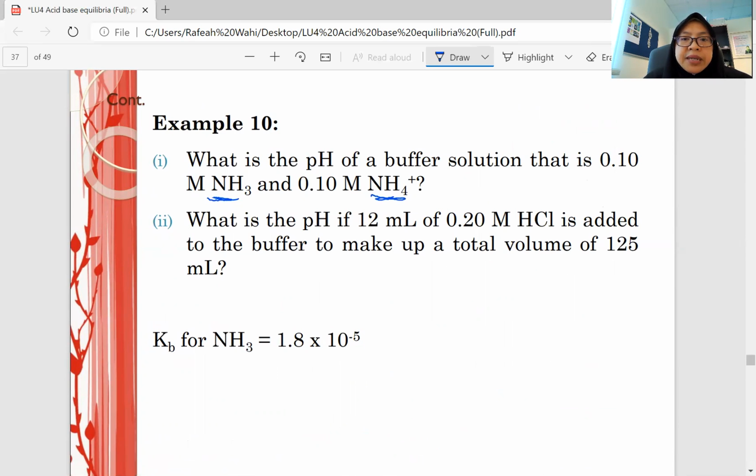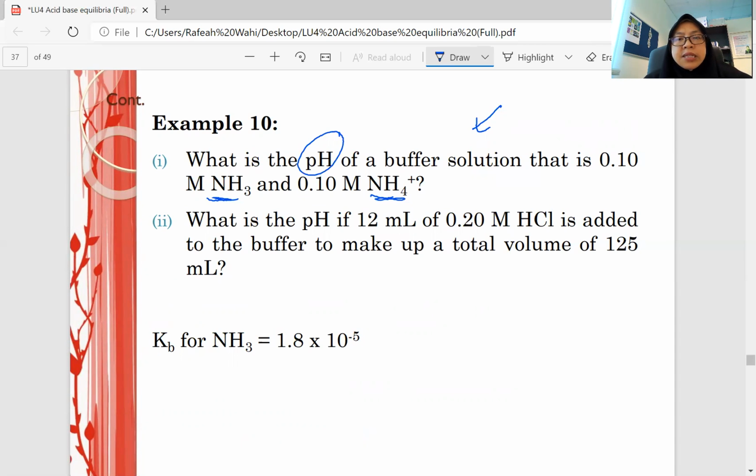You have prepared this buffer, you already know the pH, and now you want to add a small amount of a strong acid, which is HCl, hydrochloric acid, to the buffer. The final volume is 125 ml.